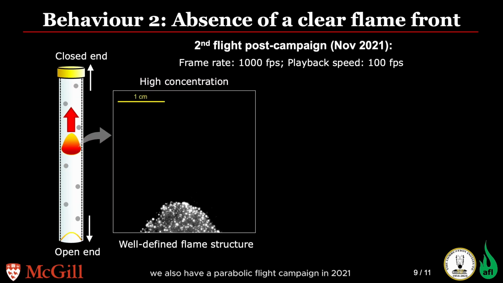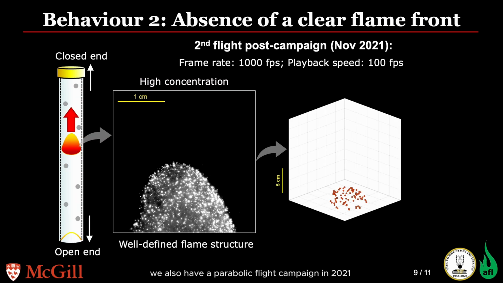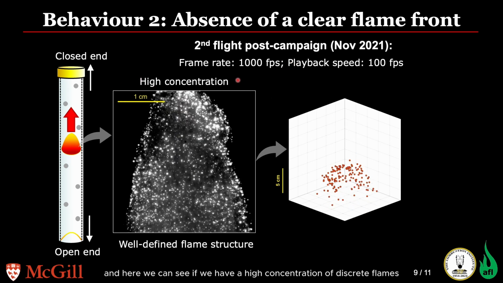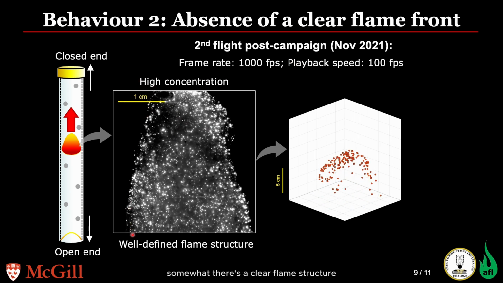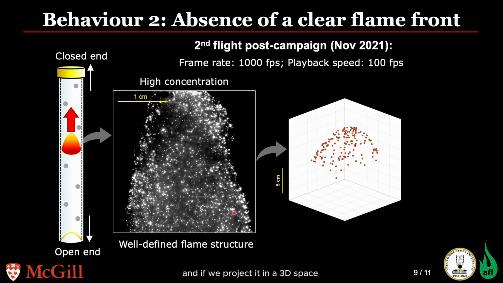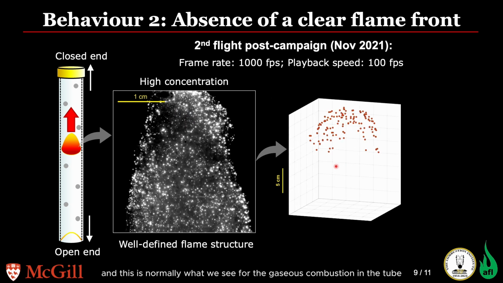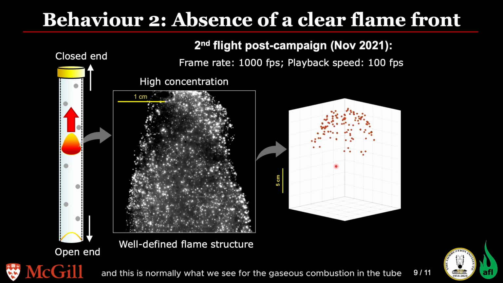We also had a parabolic flight campaign in 2021, and here we can see that if we have a high concentration of discrete flame, there's a clear flame structure, and if we project it in 3-dimensional space, we can also see there's a dome-shaped structure, and this is normally what we see for gaseous combustion in a tube.